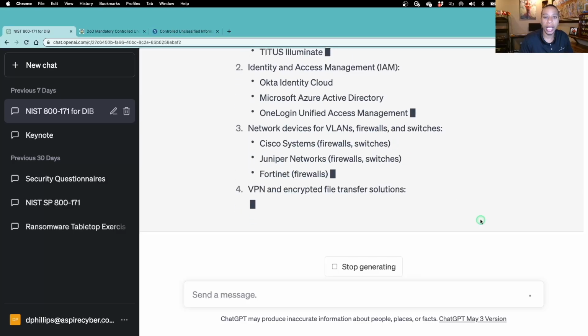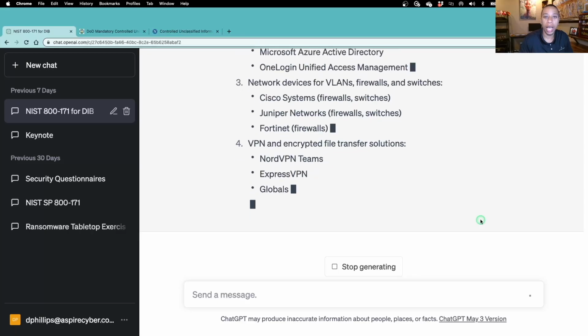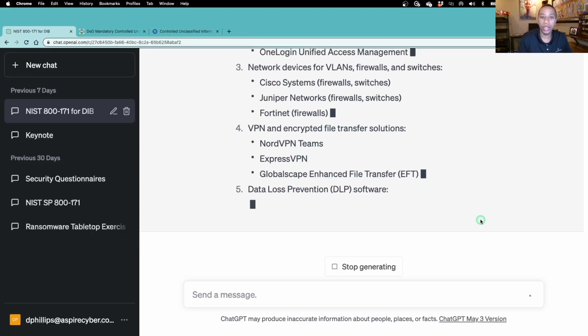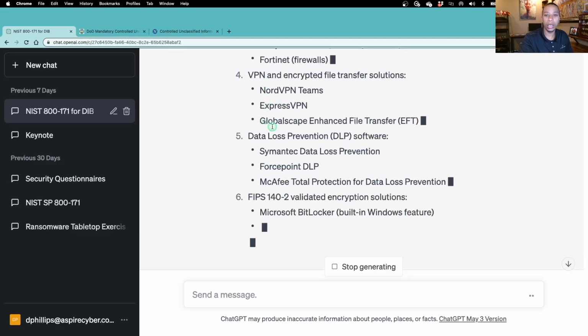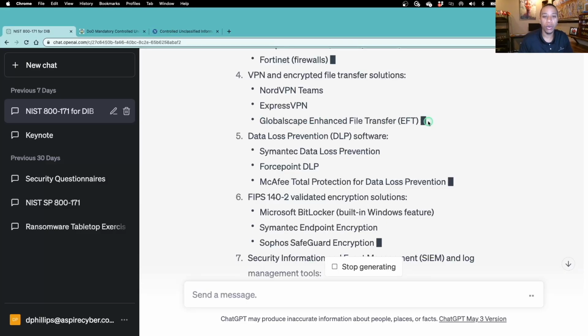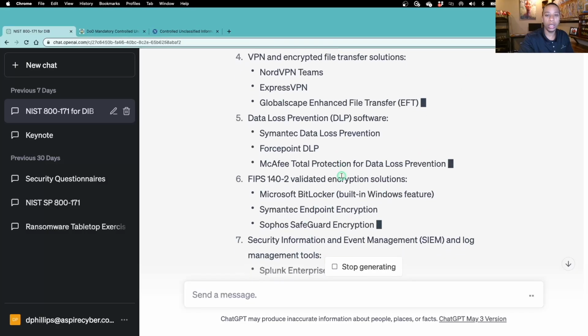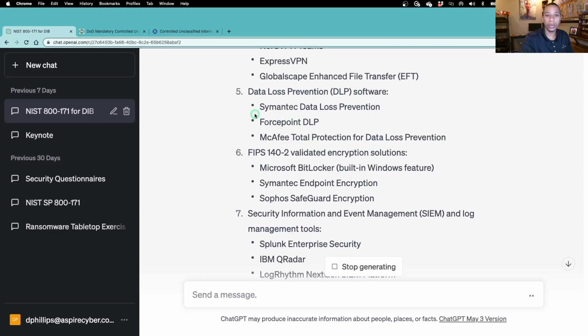So for our identity and access management, Okta Identity Cloud, Microsoft Azure Active Directory, got our different firewalls, Cisco, Juniper, Fortinet, VPN, and this list is not going to be exhaustive, but again, just giving you a starting point. And from there, you can evaluate each product in more detail.